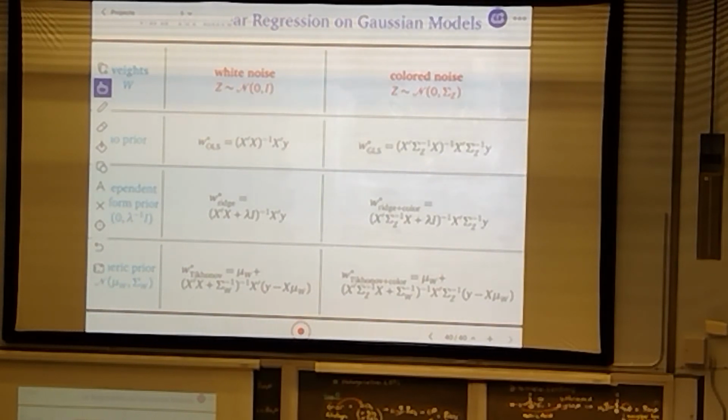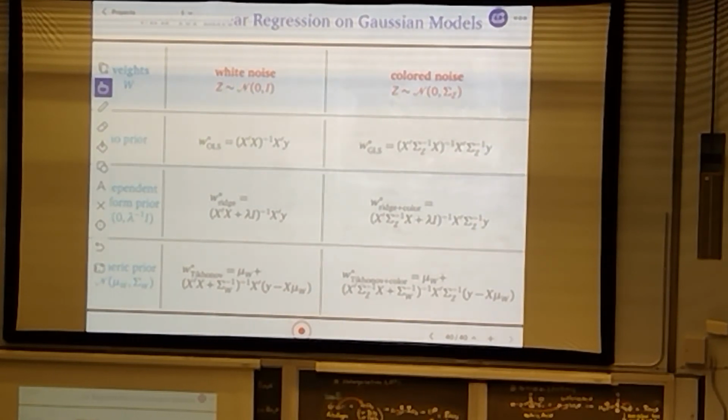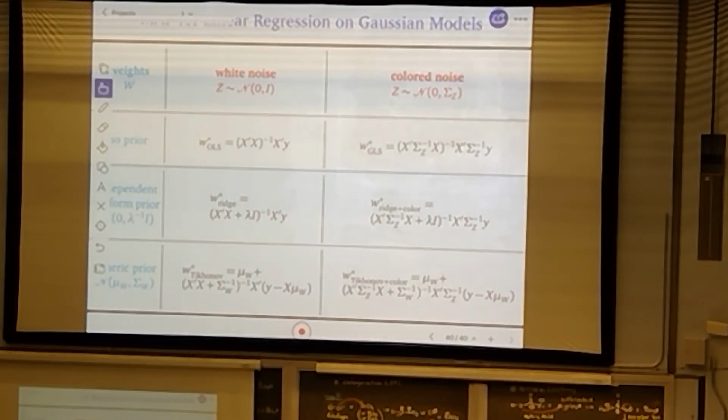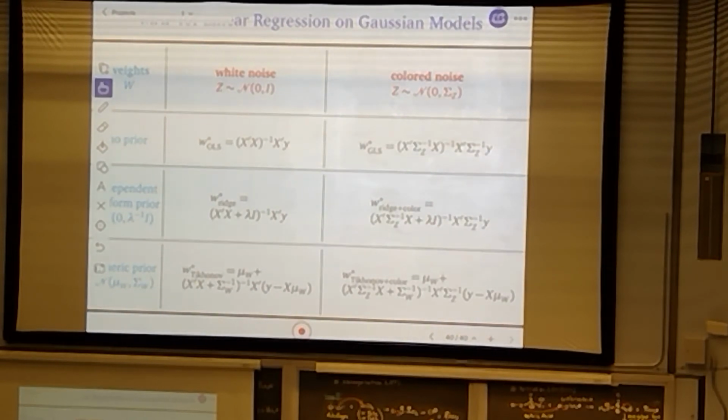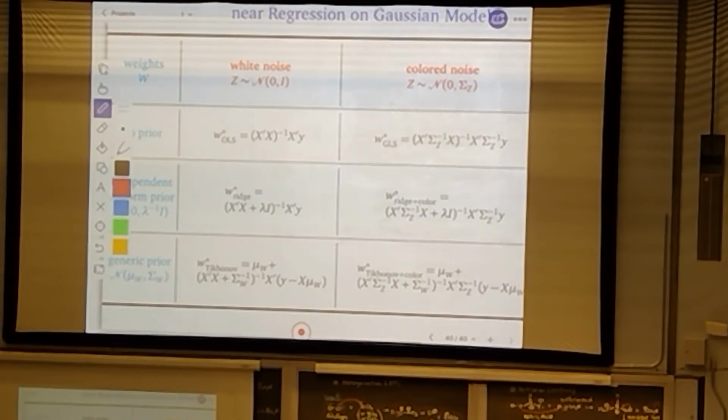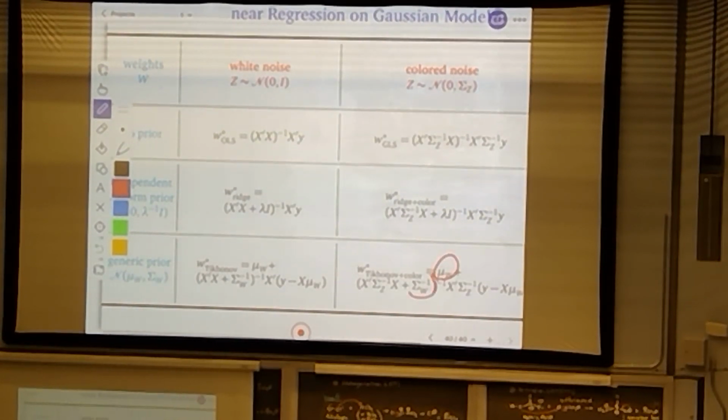If you have colored noise, you need to denoise the thing. It's ridge plus color. There's no particular name for it. And then if you have a generic prior, if it's white noise, we have the Tikhonov regularization. And if you have this added effect of colored noise, you have this more complete form where in this table, you will have both the mu w added and the sigma w added to the covariance.